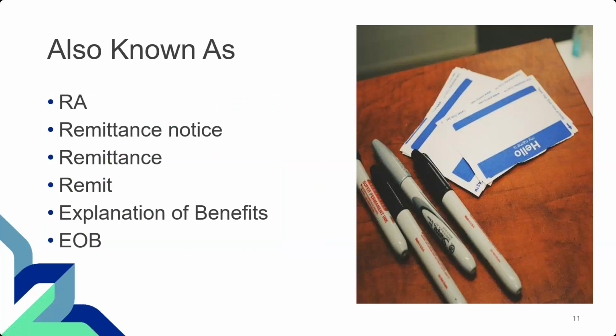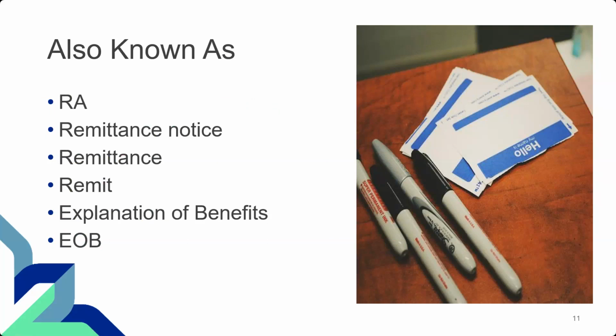Now, we said before that Medicare has a lot of acronyms, but it also has a lot of names for the same thing. So there's quite a few names for remittance advices. I've listed some of the common ones here. A lot of people just refer to it as RA. We use that term a lot internally.